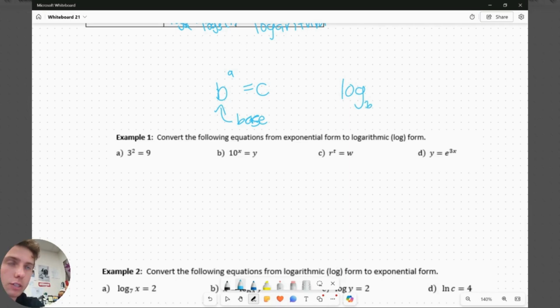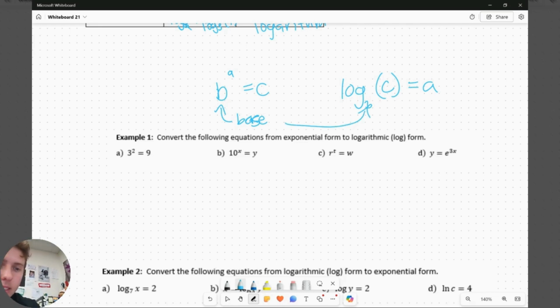Notice b is a little subscript. The other two values then, in this case c and a, will change sides. These two forms are equivalent. b to the a equals c is the exact same thing, just in a different notation, as log base b of c equals a.